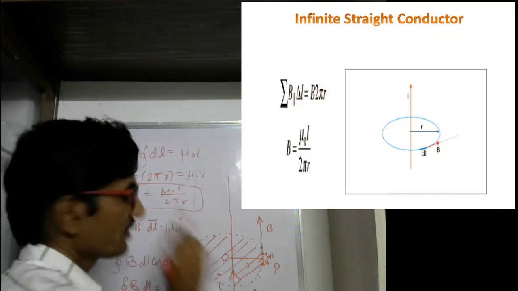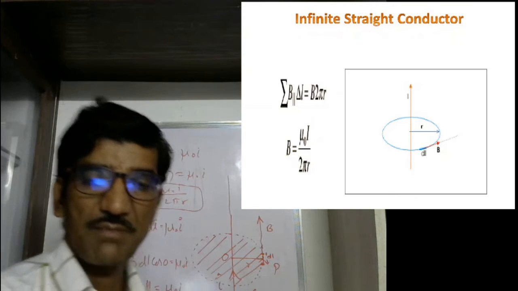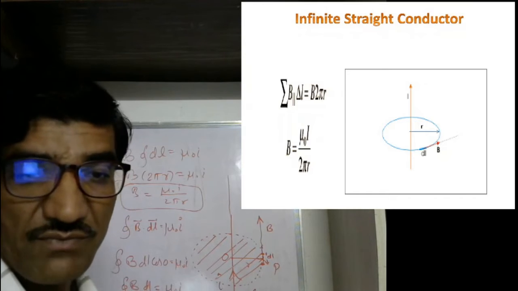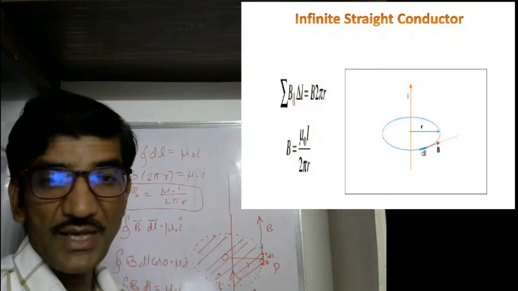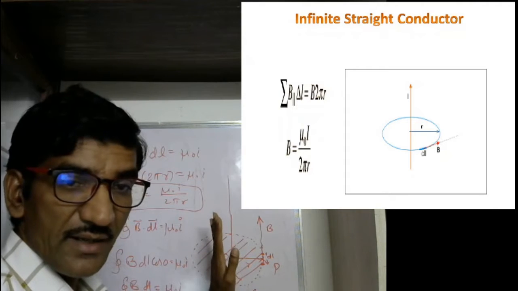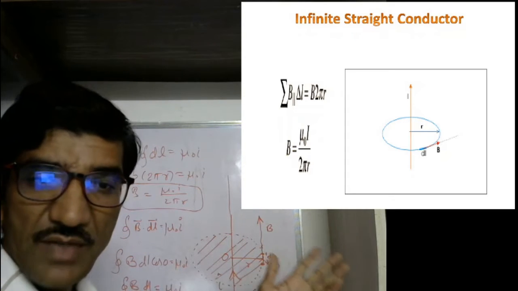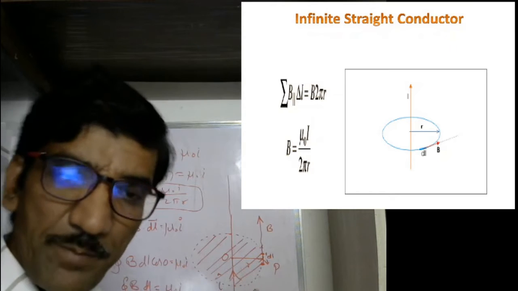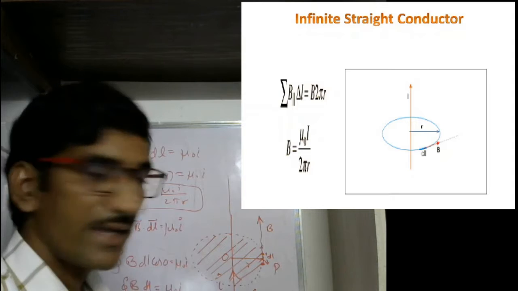You compare this value with the earlier Biot-Savart law application for the same problem. There also you get the same value for B. B is proportional to I. As you increase the current in this wire, the magnetic field at point P will be more. As you decrease the current, the magnetic field at this point will be lower.